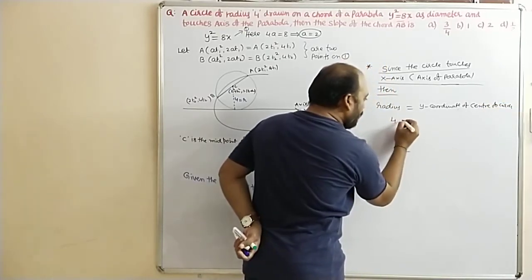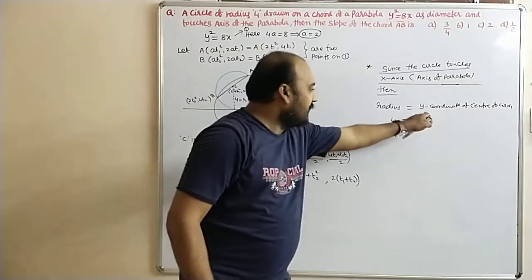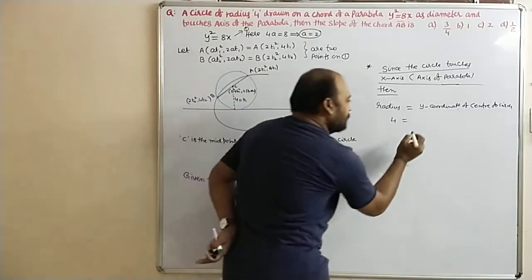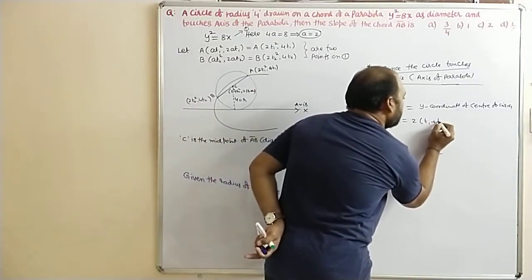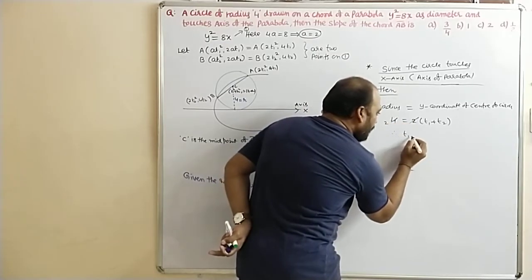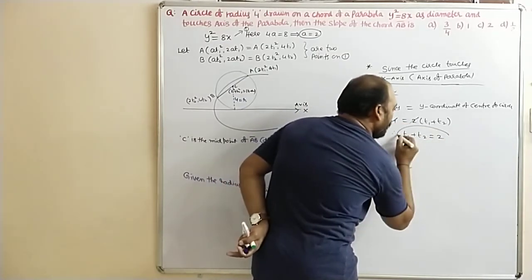So radius is equal to 4 now. This is the x coordinate, this is the y coordinate. What is the y coordinate here? 2 times t1 plus t2. So 2 ones are 2, 2 twos are 4, if you cancel, therefore t1 plus t2 is equal to 2.